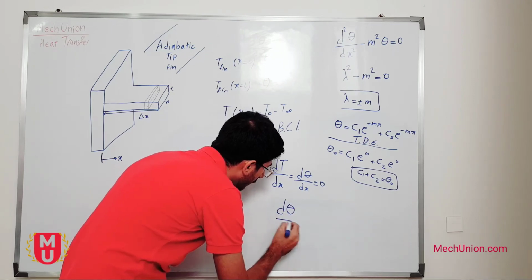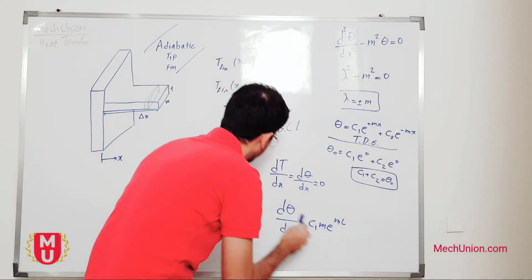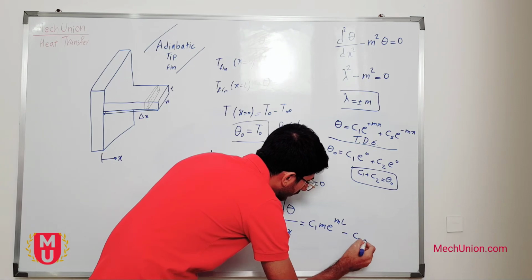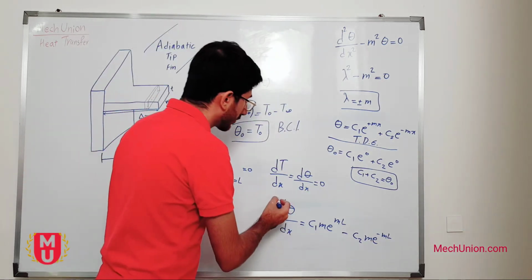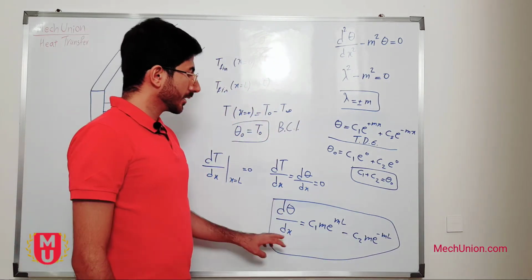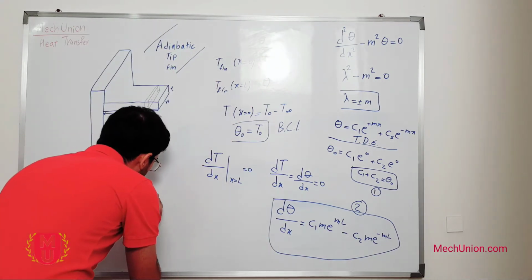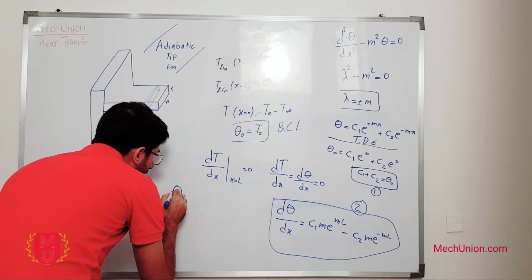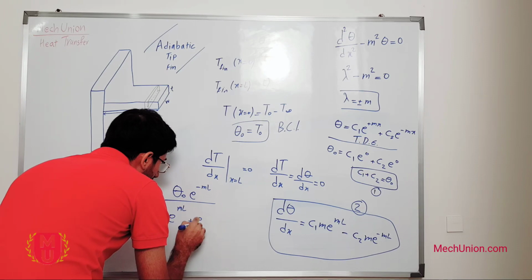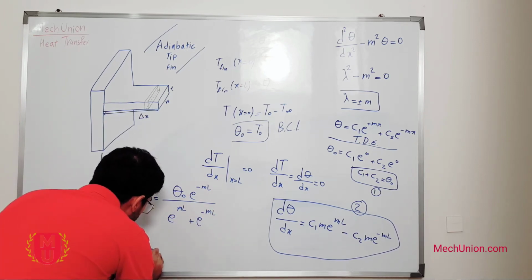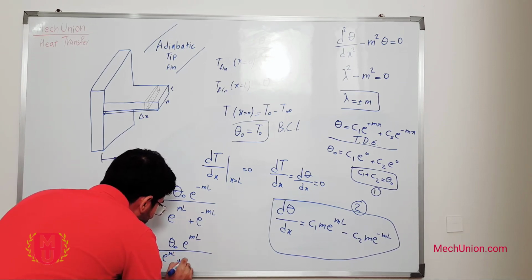We have d theta over dx equals C1 m e to the ml minus C2 m e to the minus ml, evaluated at x equals L. By solving these two equations, the first and the second, we obtain C1 equals theta naught e to the minus ml over e to the ml plus e to the minus ml, and C2 equals theta naught e to the ml over e to the ml plus e to the minus ml.